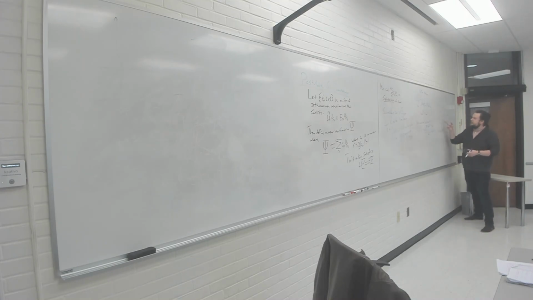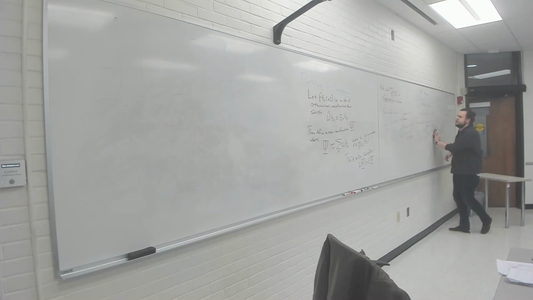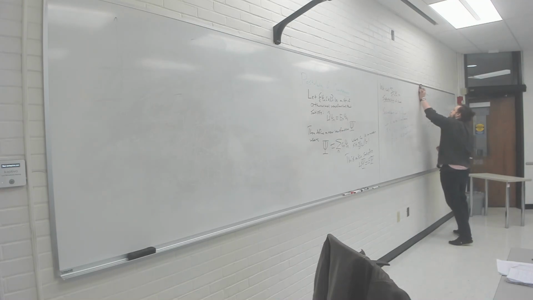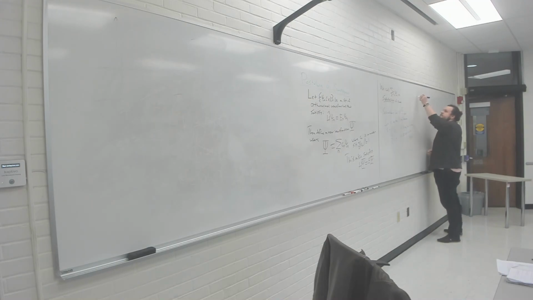So what happens when we apply D to this wave function? Let's say there's a 50-50 chance. Okay, so that means that CA squared plus CD squared equals 1, and CA squared is equal to CD squared.